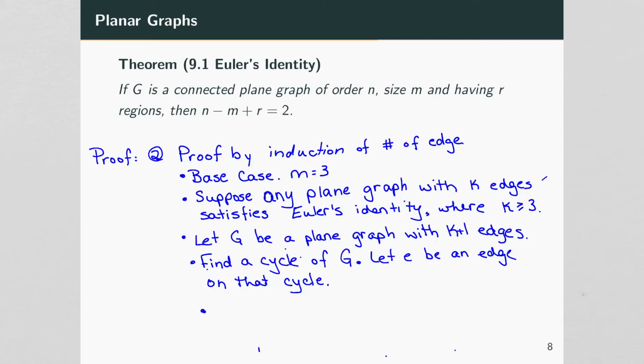Then we're going to remove the edge e. And what happens if we remove an edge from a plane graph? Well, it's still a plane graph. If G was drawn without any edges crossing, then deleting an edge doesn't change the planarity. So G minus e is a plane graph.